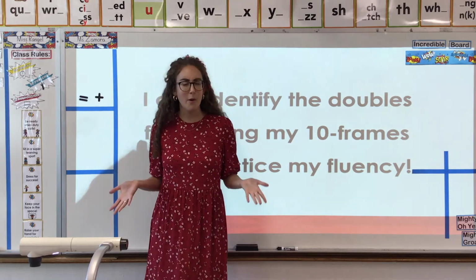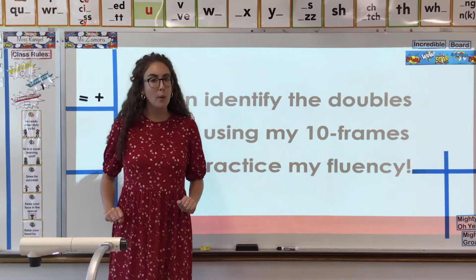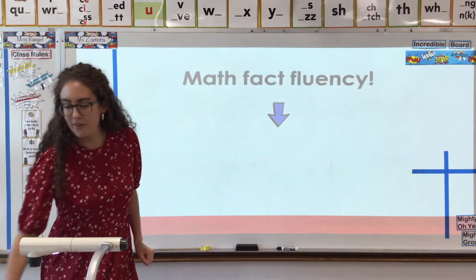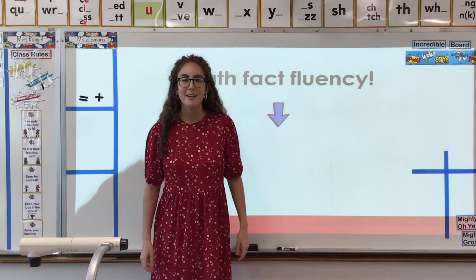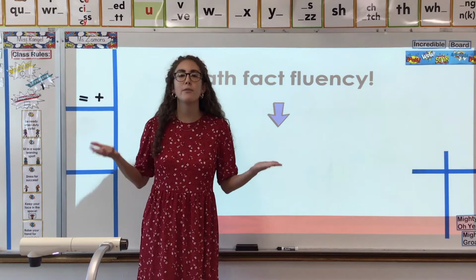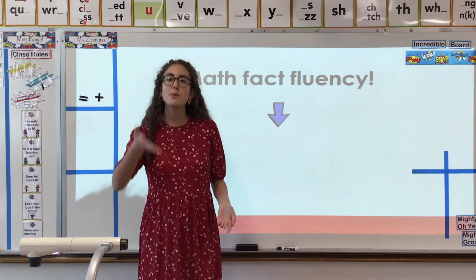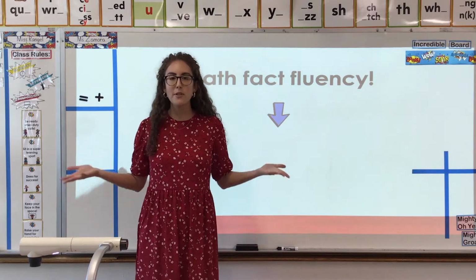There's a lot of new vocab words in this learning target, so let's give ourselves a little bit more context. First up, fluency. We've talked about this word in reading, how we want to become fluent readers where it's smooth and nice and comfortable. That applies to math too.